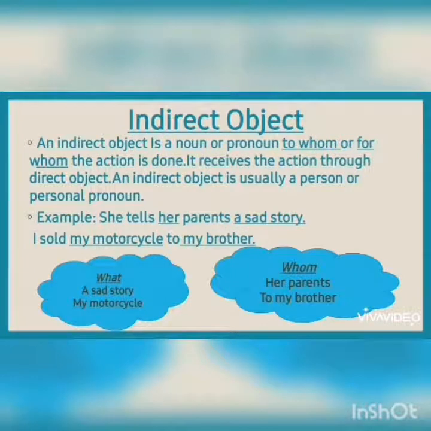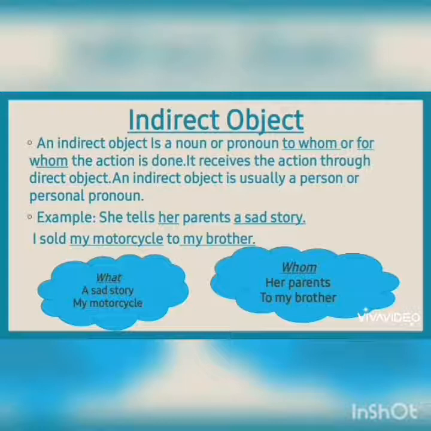Indirect object. An indirect object is a noun or a pronoun to whom or for whom the action is done. It receives the action through the direct object. An indirect object can be a person or personal pronoun. Let's look at these examples.